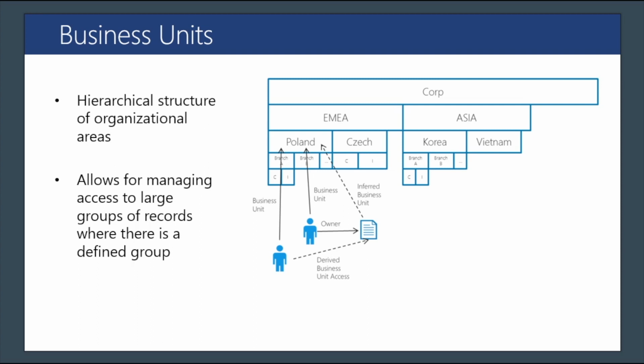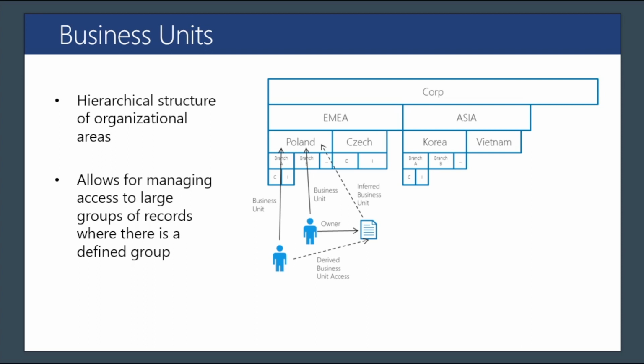Our other user, down in the bottom left corner, has derived access because the security role for that user is saying that they have business unit level access to that record type. And so while they're not the owner of the record, they're a member of the owner's business unit. So they are then granted access to the record based on their security role, saying they have business unit level access to that type of record in the system.